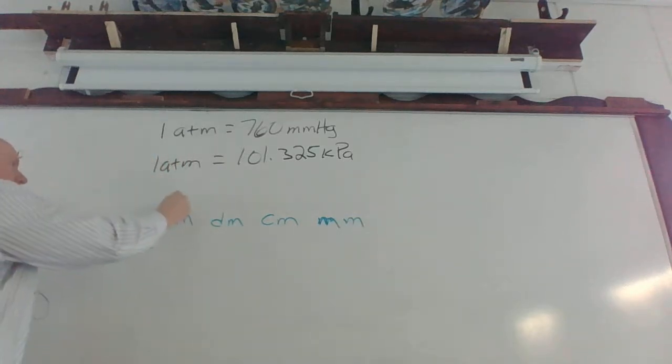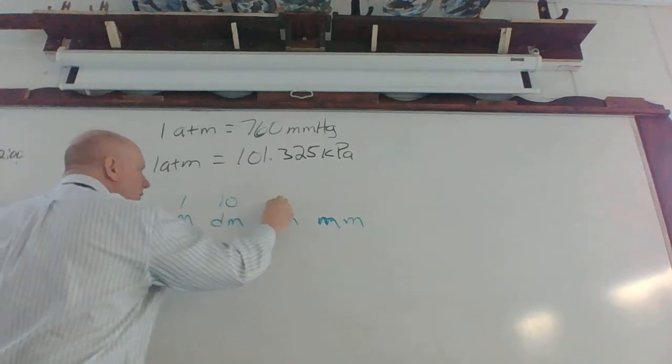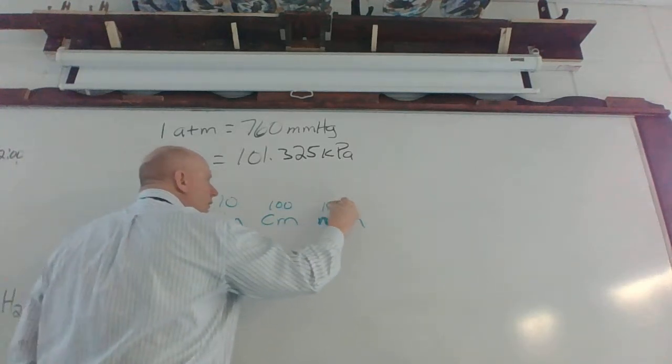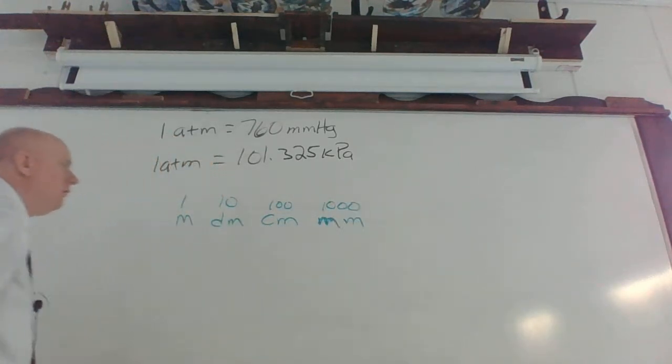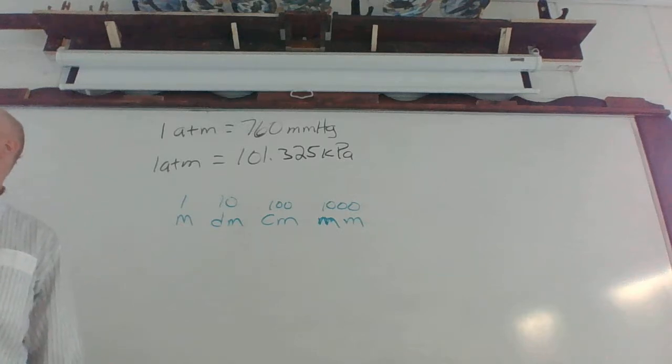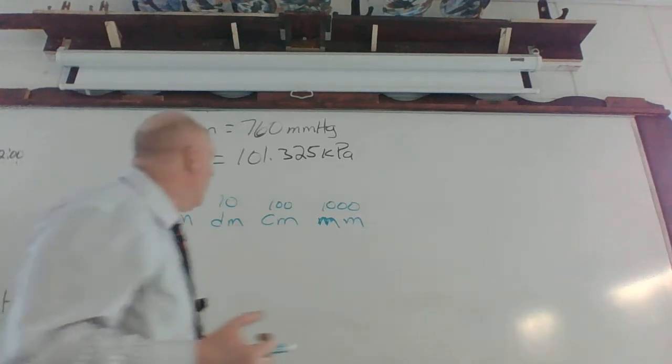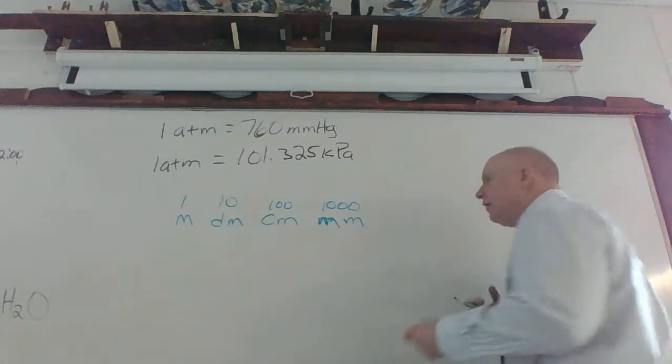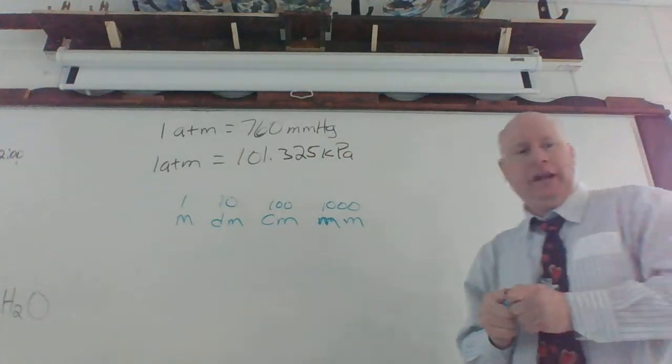So if we have a meter here, this is 10, this is 100, then here's 1,000. So what we see happening then, 760 millimeters of mercury is about 3/4 of the way up on that meter stick, as we're just increasing those in powers of 10.